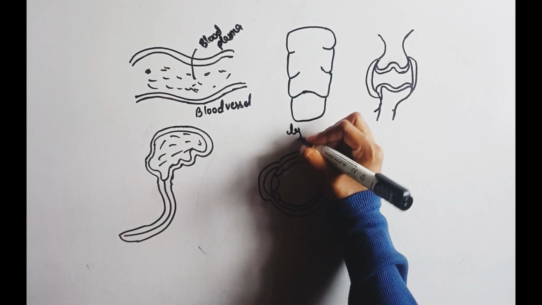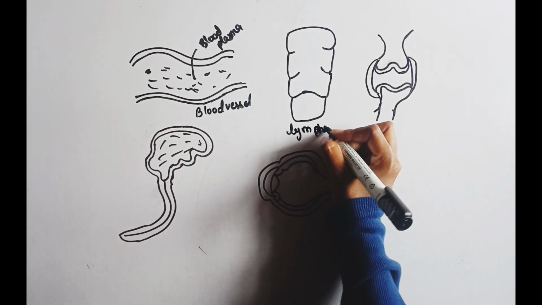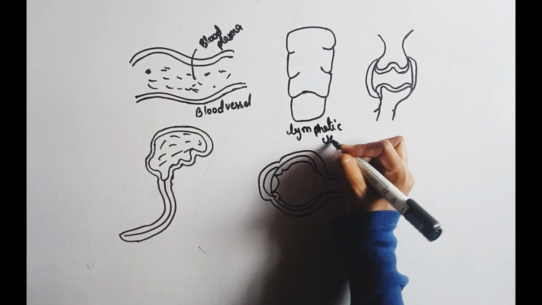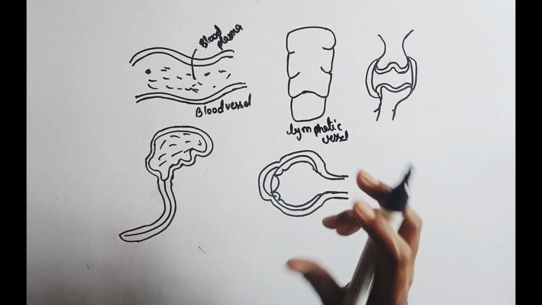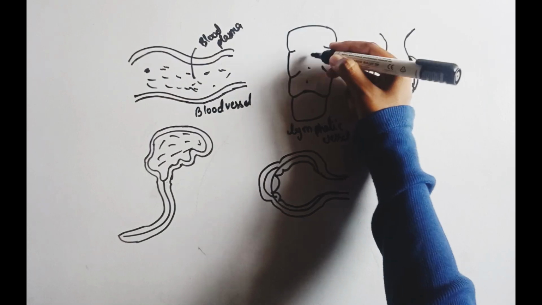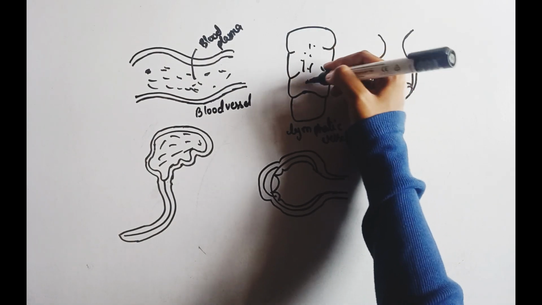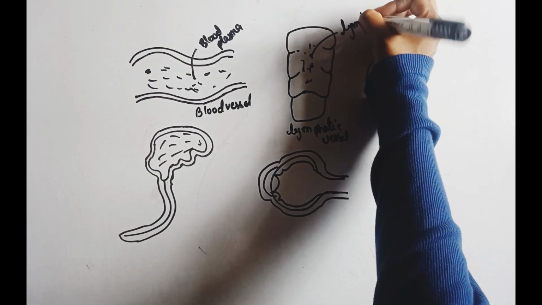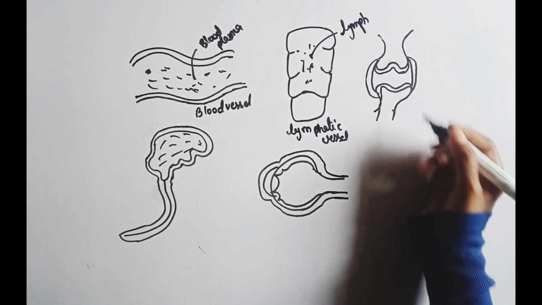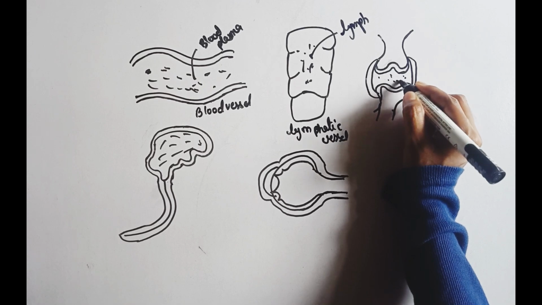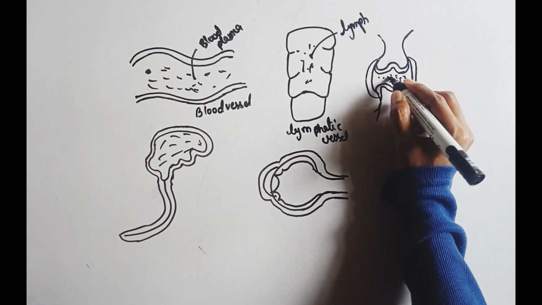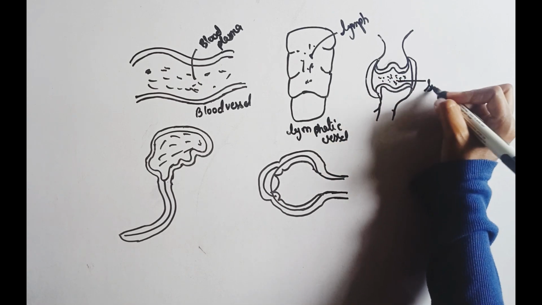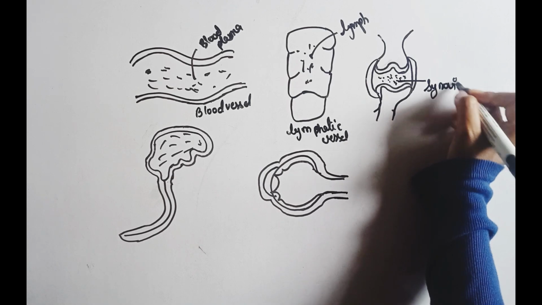This is the lymphatic vessel. The extracellular fluid present within the lymphatic vessels is called lymph. This is the joint, and between the joint there is extracellular fluid called synovial fluid.